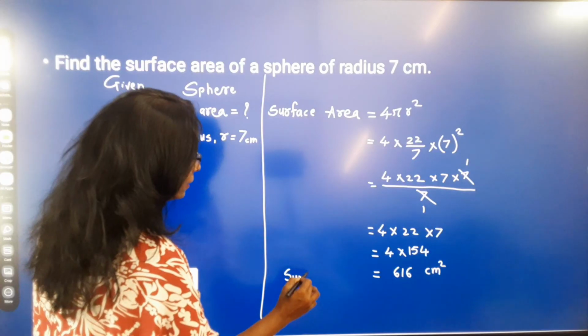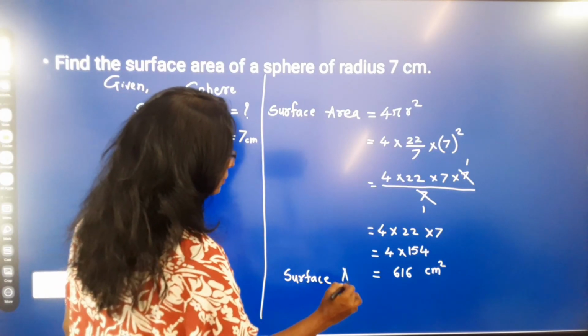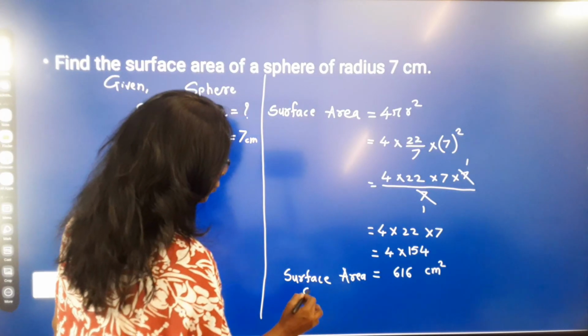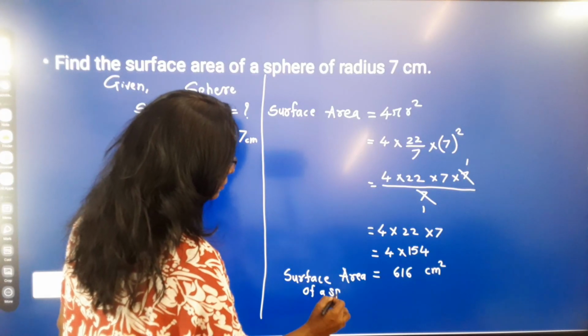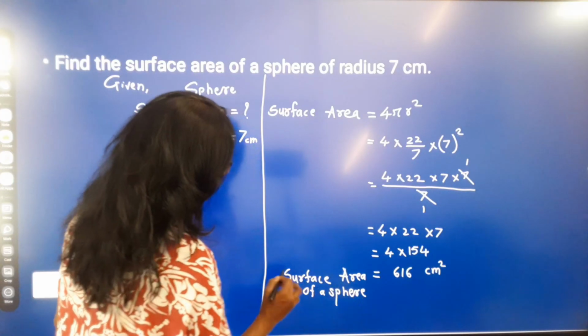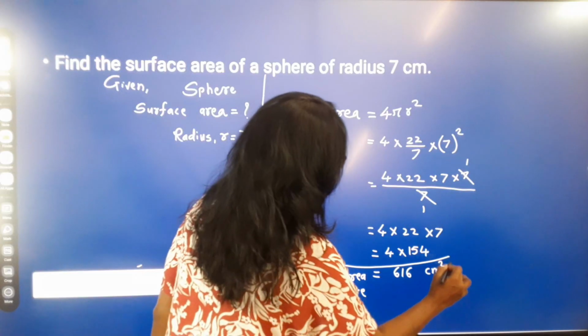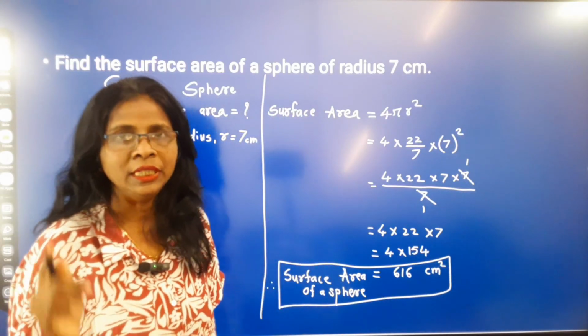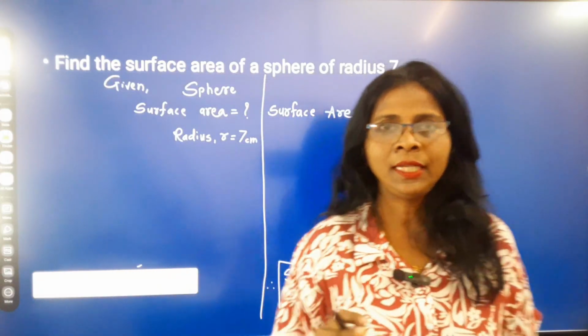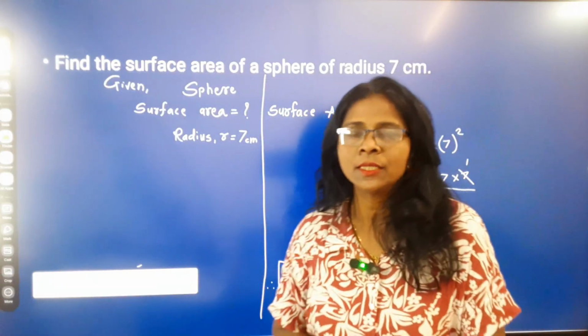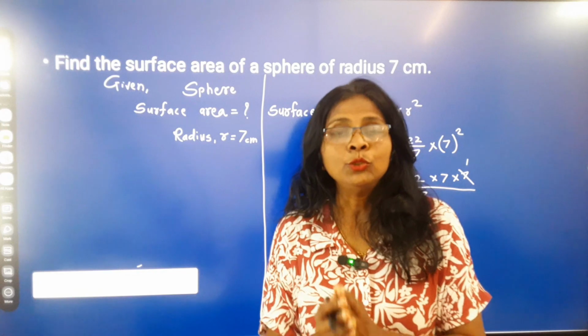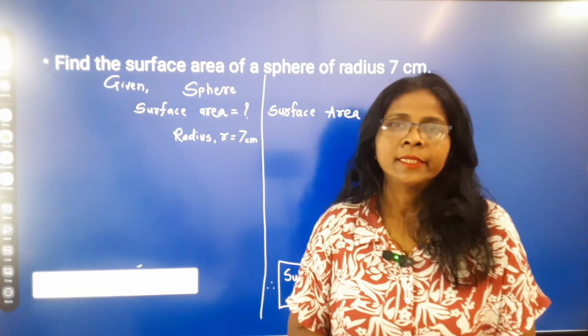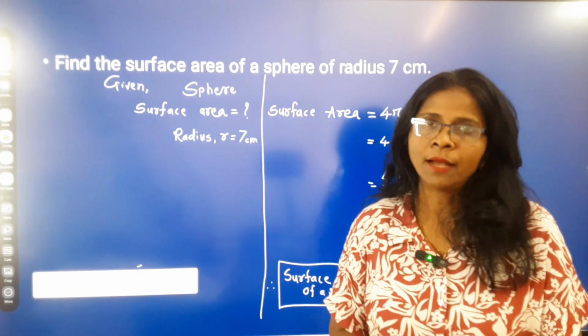So we say that the surface area of a sphere is equal to 616 square centimeter. Okay students, very easy examples. These are very easy examples, but you should practice such types of examples.